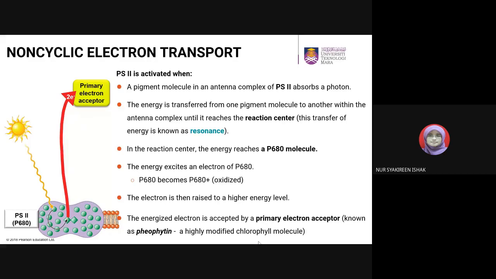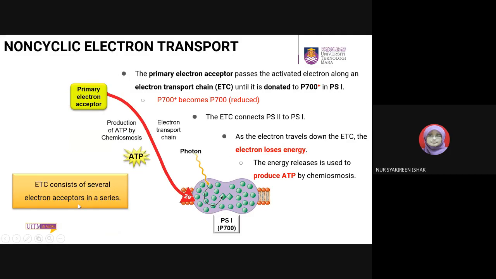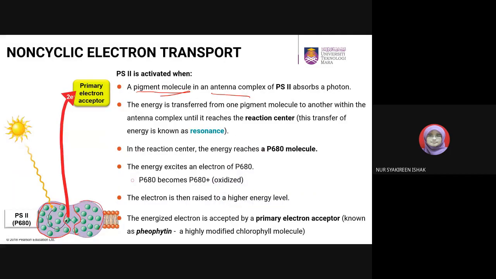Okay, photosystem 2 is activated when a pigment molecule in an antenna complex of photosystem 2 absorbs a photon. So a pigment molecule in the antenna complex in this region. Okay, so it absorbs photons.